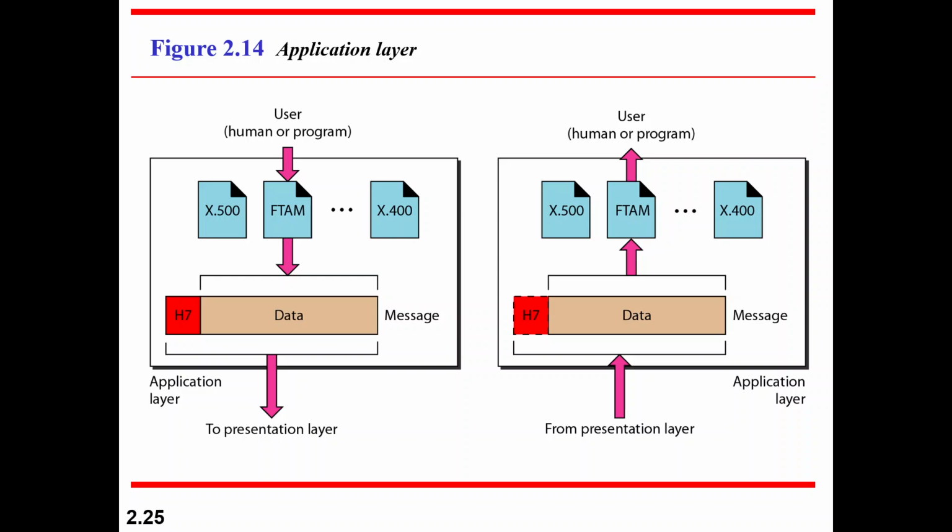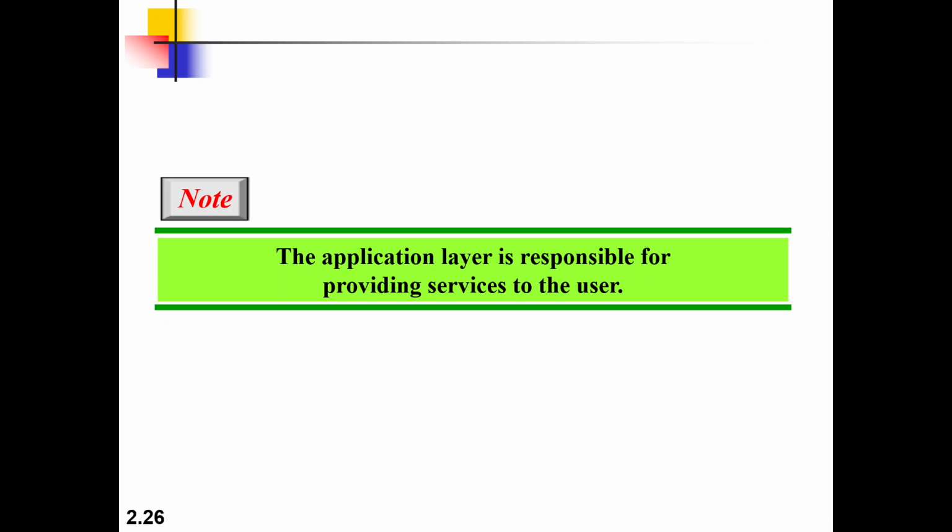The application layer is responsible for providing services to the user. Specific services provided by the application layer include the following: network virtual terminal, file transfer access and management, mail services, and directory services.